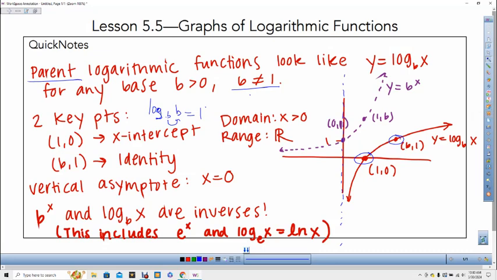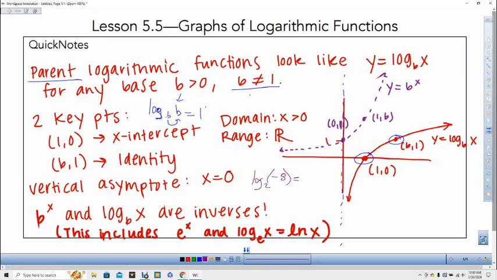So that's where we get the domain being x is greater than 0, and the range is all real numbers. Now the vertical asymptote here, once again, the reason why it is only positive numbers is because we can only put positive numbers in here. Just as a for instance, let's say we had the log base 2 of negative 8.